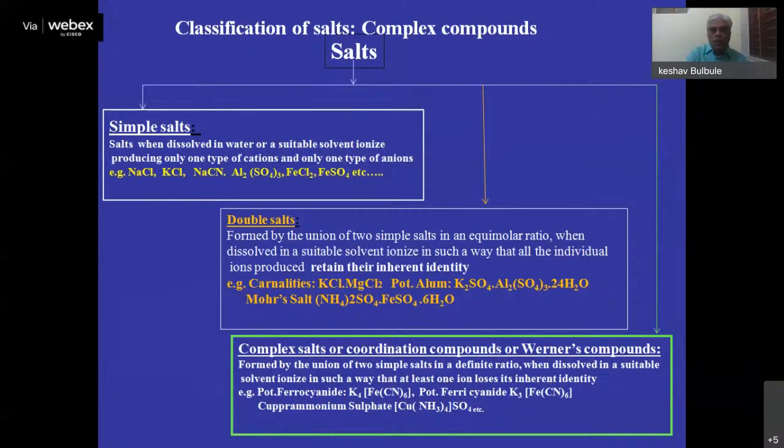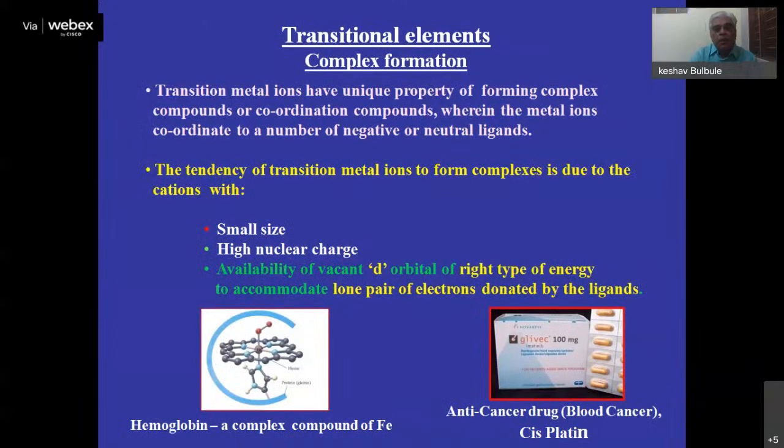And this property of d block elements forming complex compounds is due to the central metal ion exhibiting variable oxidation states, such as ferrous, here it is +2, ferric, here it is +3. And why only d block elements can form complex compounds? Why not s and p block elements?